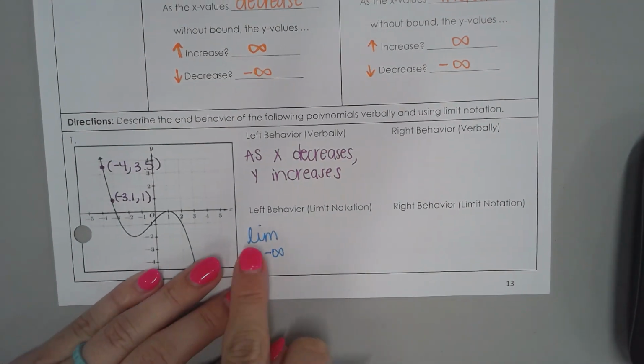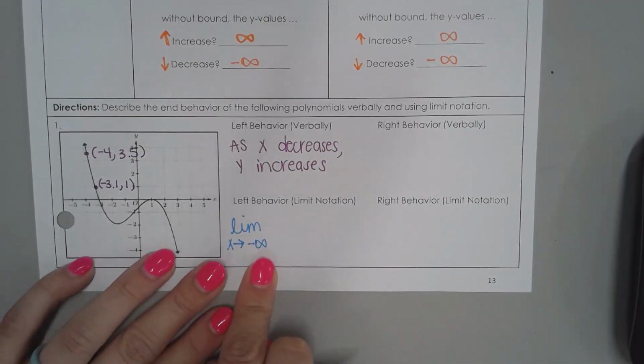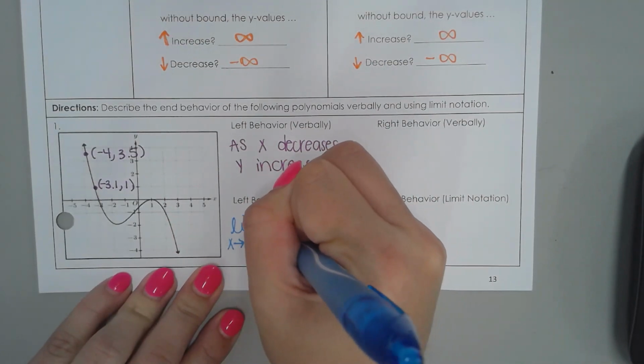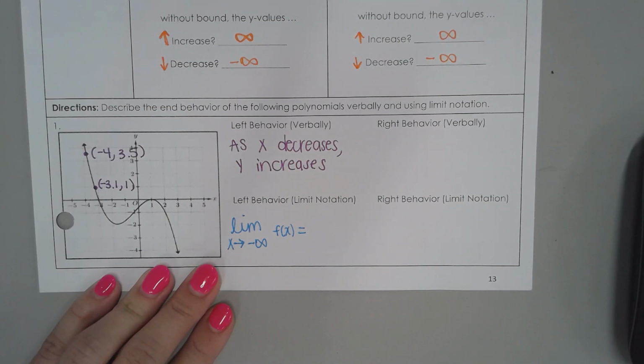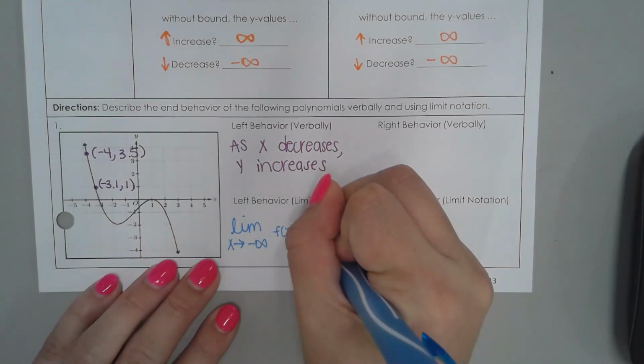So the limit as x approaches negative infinity of, we'll just call this f of x, equals, they're increasing, so they go to positive infinity.